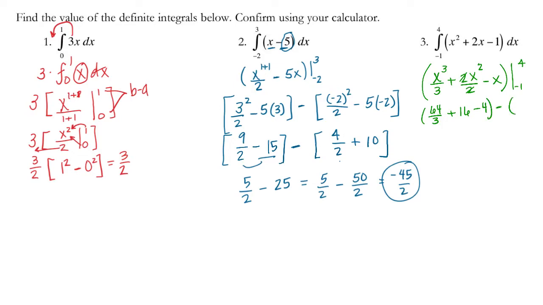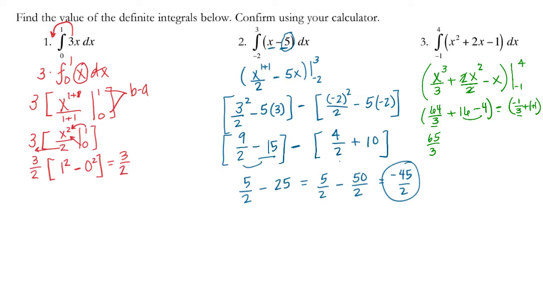And then minus, and now we got to plug in a negative 1. So we're going to have negative 1/3 plus 1. And then again, minus a negative 1, so plus 1. And again, I would put together the fractions, then the whole numbers. So I have 64 minus a negative 1/3. So that's 65 thirds.